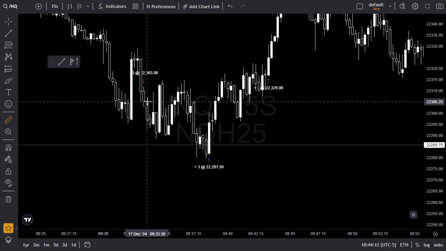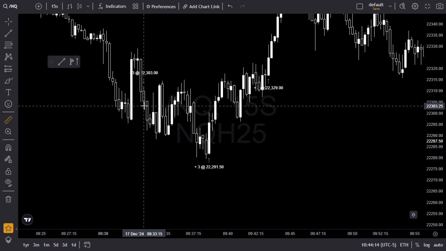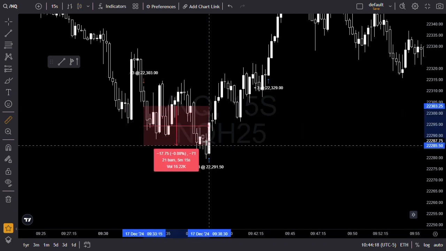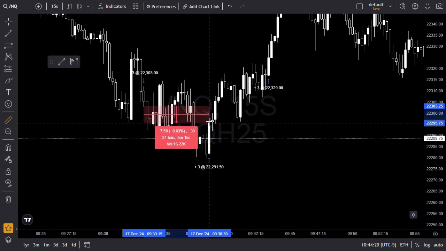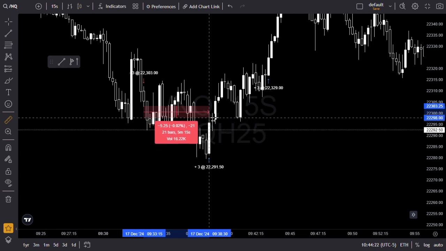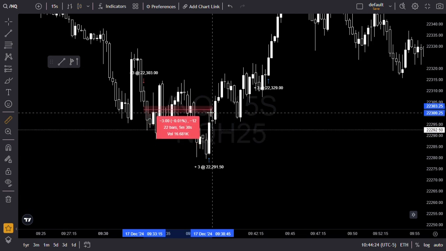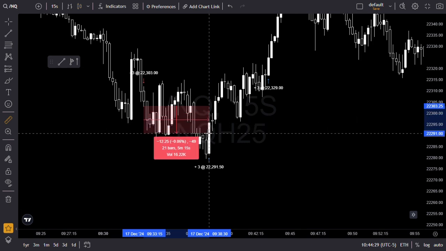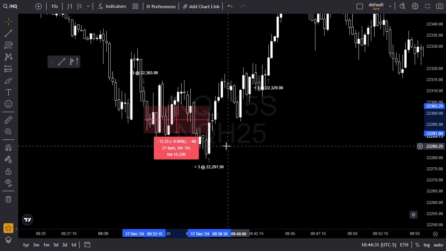At the end of this candle right here, it closed at 22,291. Boom, for about 12 points, right?